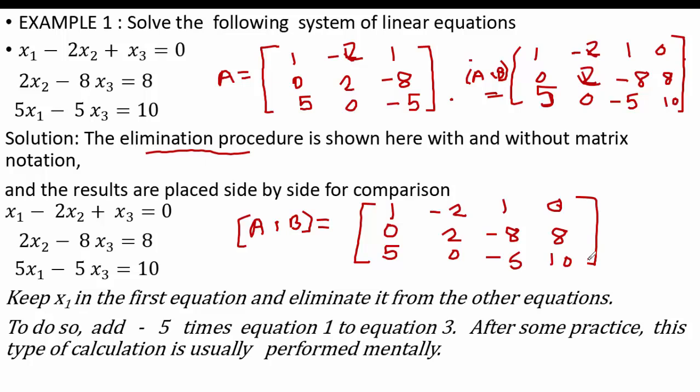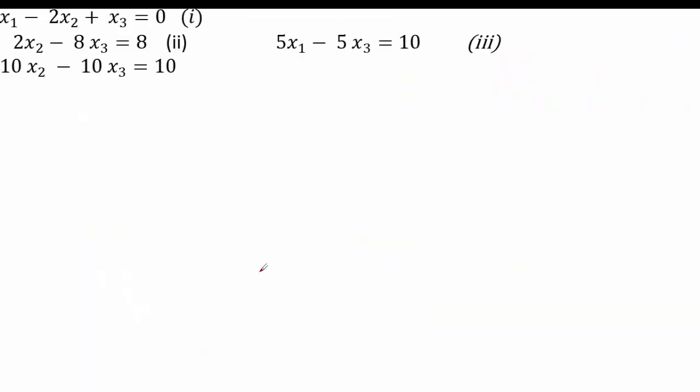Therefore, if we multiply equation 1 by 5 and subtract it from this, or if we multiply this equation by minus 5 and add it to the third equation, the x1 term in the third equation will be eliminated and the first two equations will remain as they are, and the third equation becomes 10x2 minus 10x3 equal to 10. This third equation changes to this.